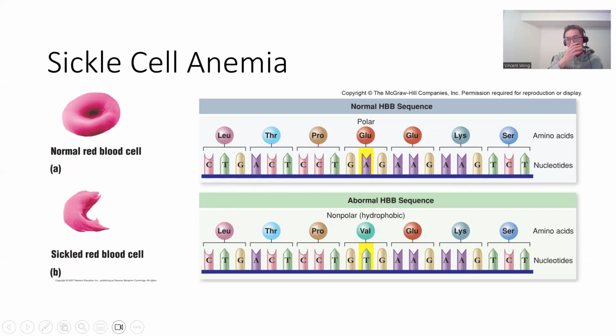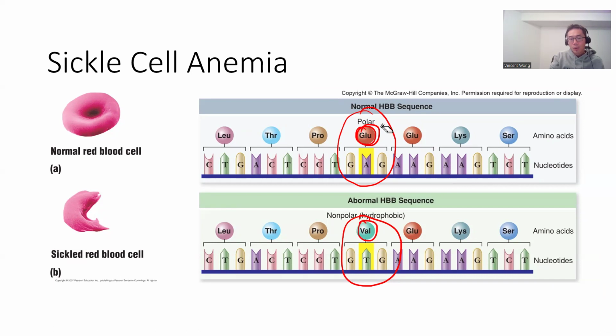The hemoglobin has, I think, 128 amino acids in it, and when number 6 is changed, this is already in the middle of the sequence, when they change it from GAG to GTG, essentially you look up GUG, you can see the amino acid goes from GLU, glutamic acid, to valine.